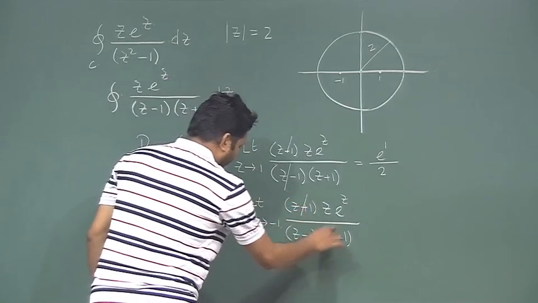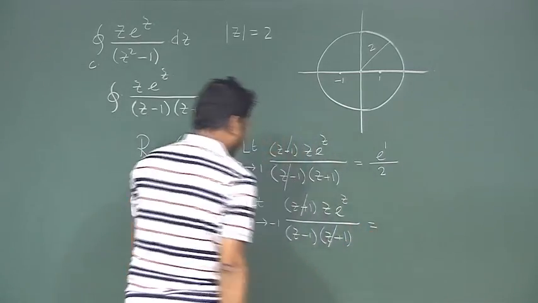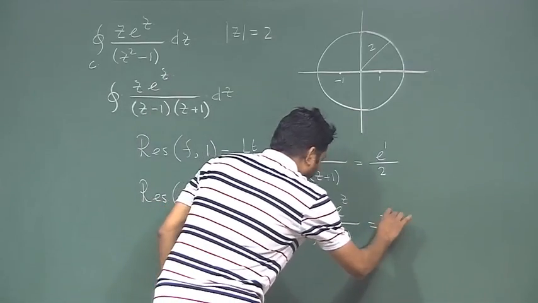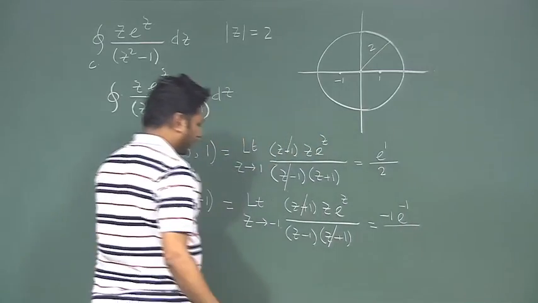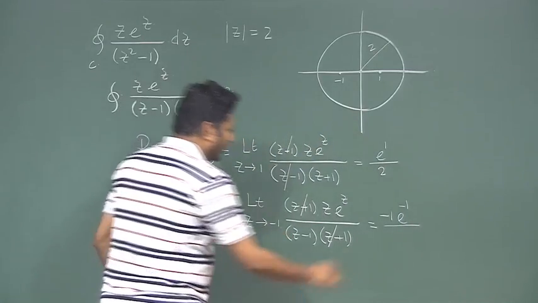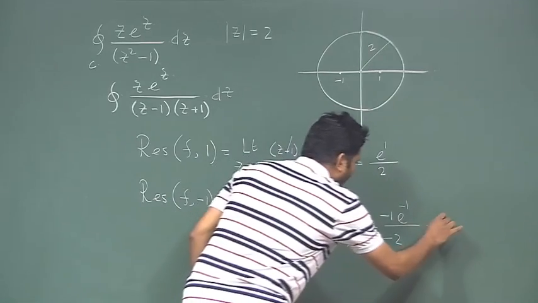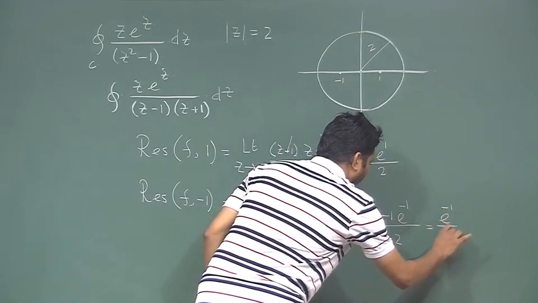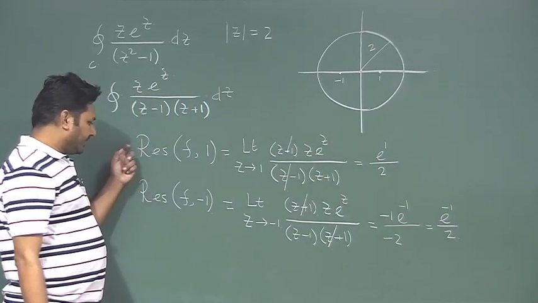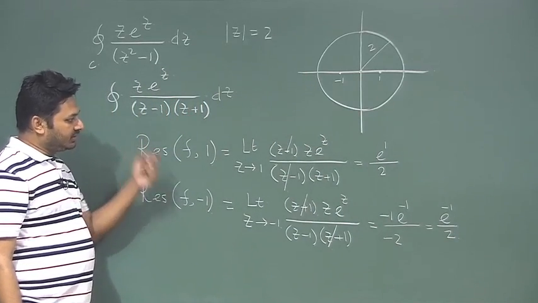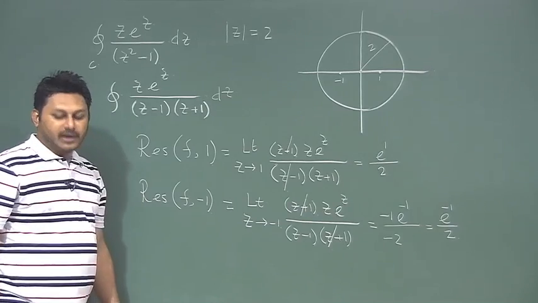Z plus 1 will cancel out. Now, I put this value. For z I have minus 1, e to the power of minus 1, divided by, for z minus 1, minus 2. So, I will have e to the power of minus 1 divided by 2. This is my first residue, this is my second residue: one is e divided by 2, another is e to the power of minus 1 divided by 2.